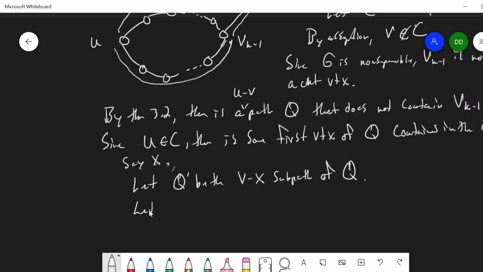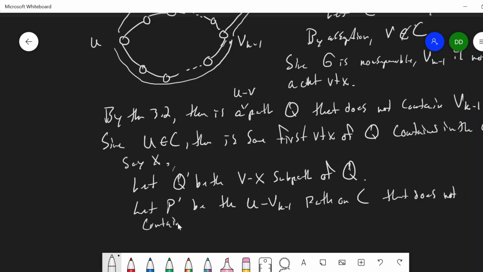Let P prime be the U Vk minus 1 path on C that does not contain X. So that's this bit here.